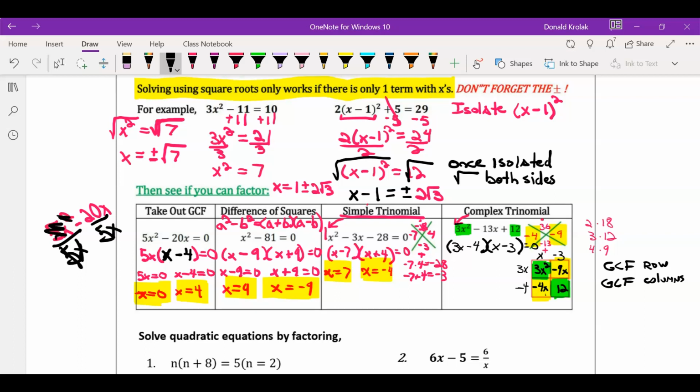Okay, now I want to figure out what makes each one of these 0. And there's my solution.